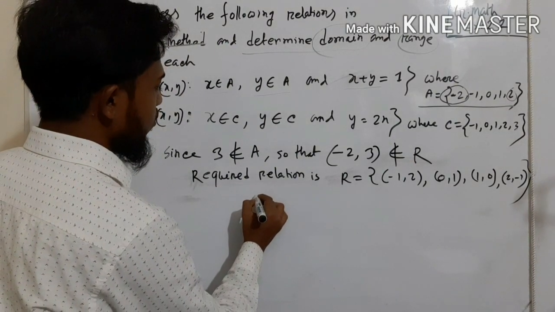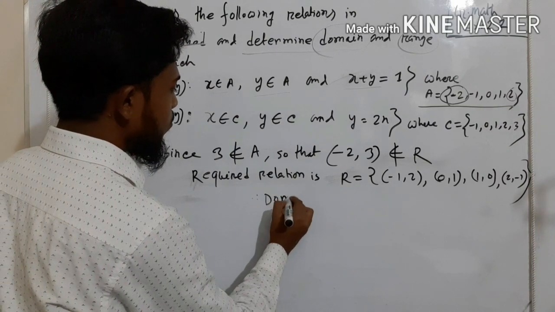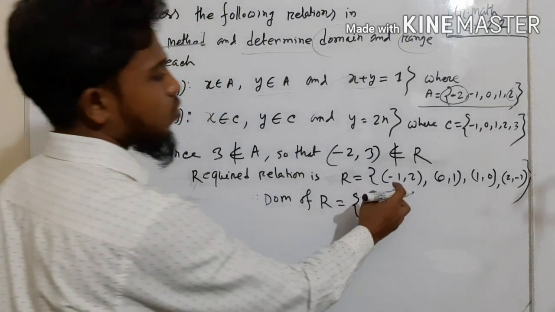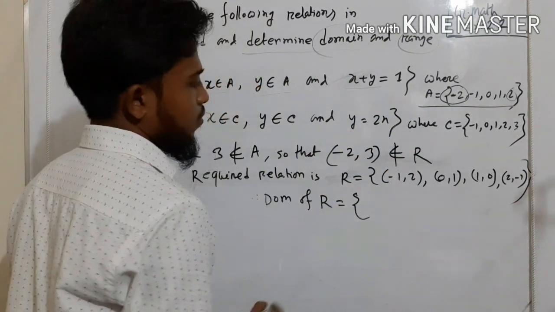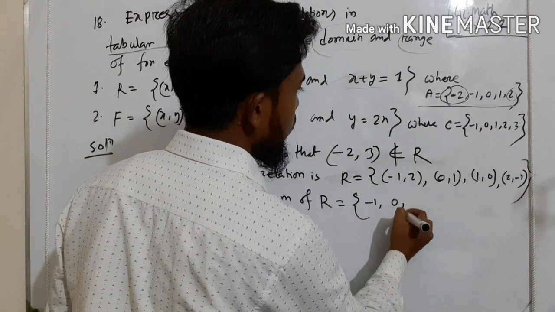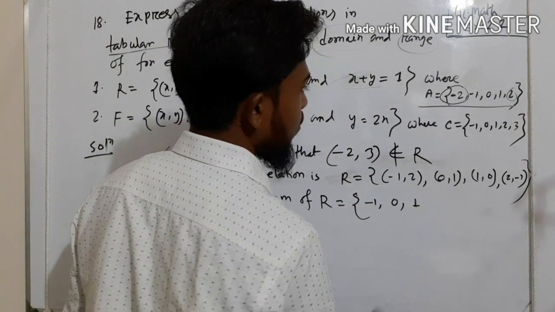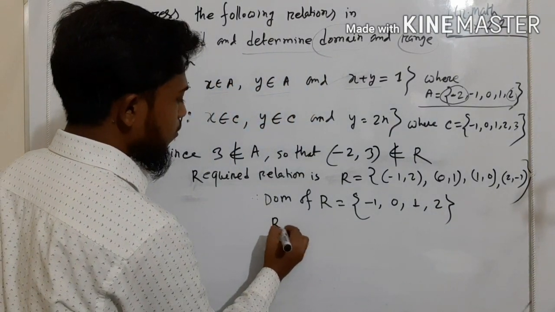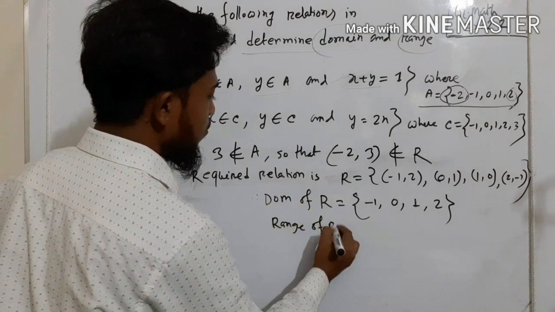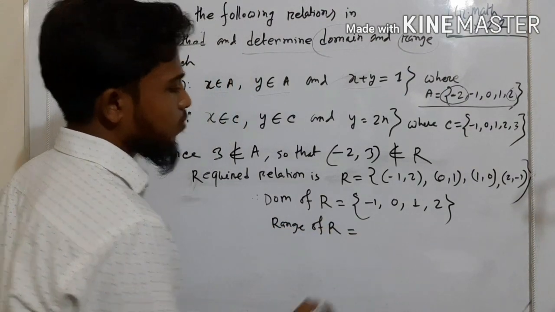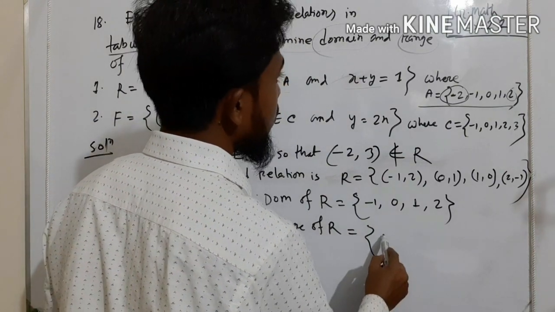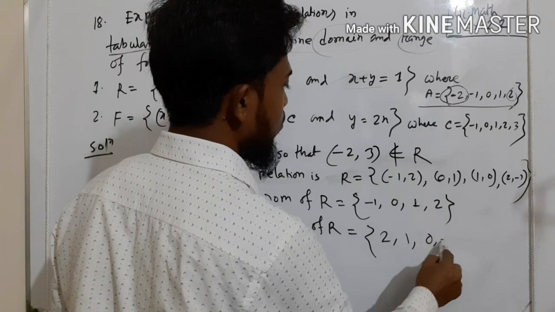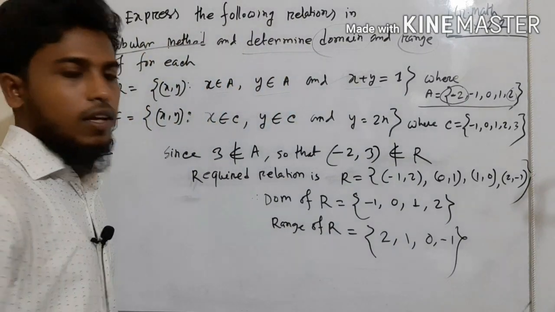So domain of R equal to the first elements: minus 1, 0, 1, 2, and range of R equal to 2, 1, 0, minus 1. This is our answer.